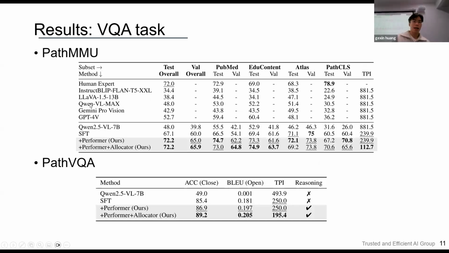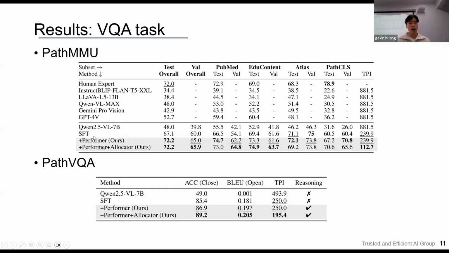So for the first task, the VQA task, they evaluate the model on two datasets. For the PathMMU dataset, it includes different specific tasks, so they evaluate the specific metrics as well as the overall metrics, as we can see.